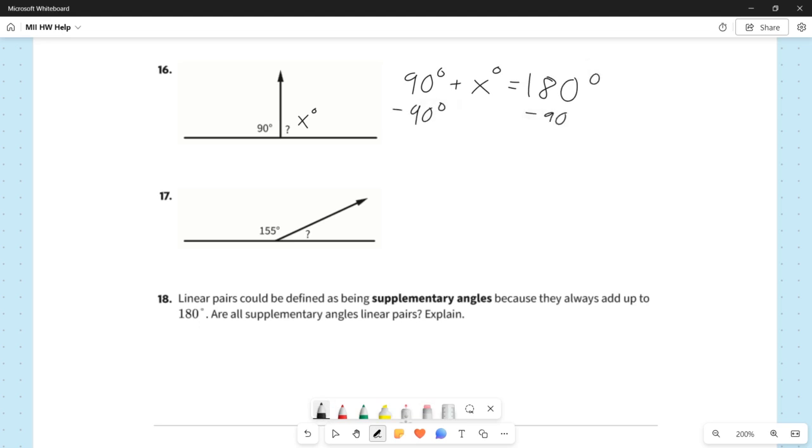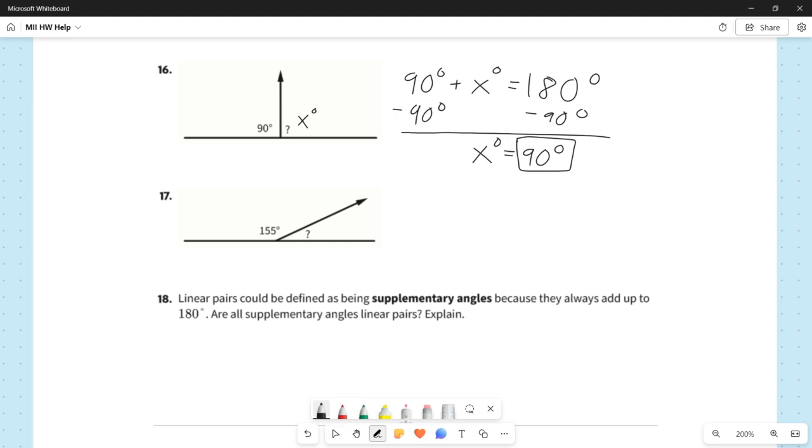Subtract 90. Subtract 90. And I end up getting that x degrees, 180 minus 90 is 90. And so the measure of the angle on the right is also 90 degrees.